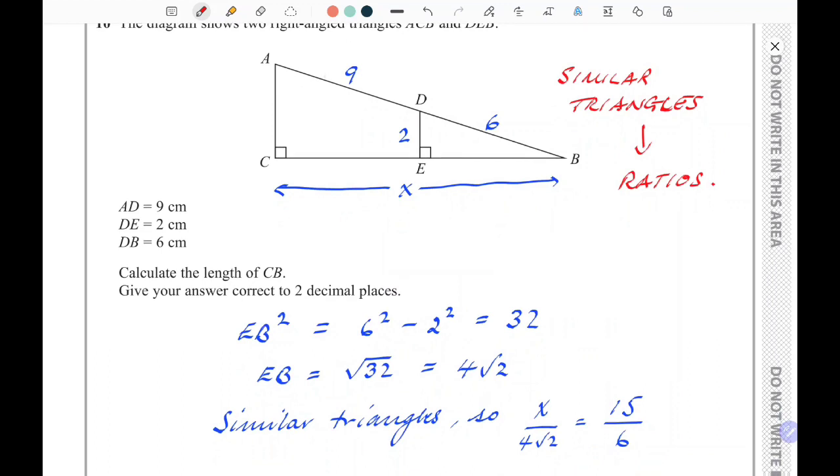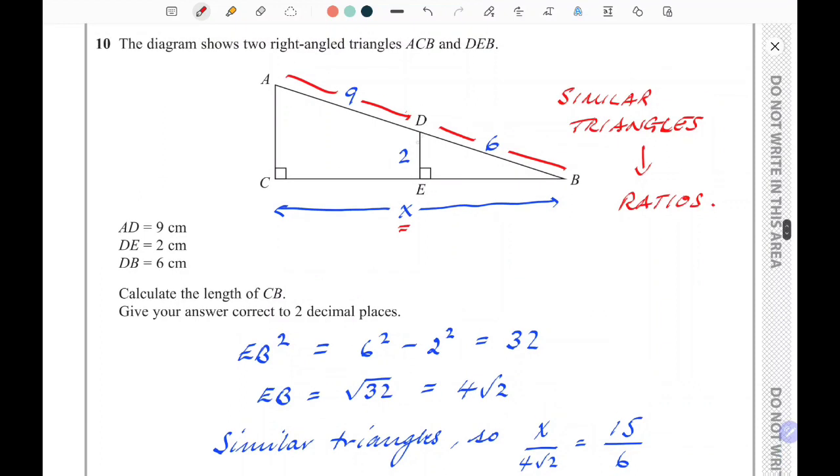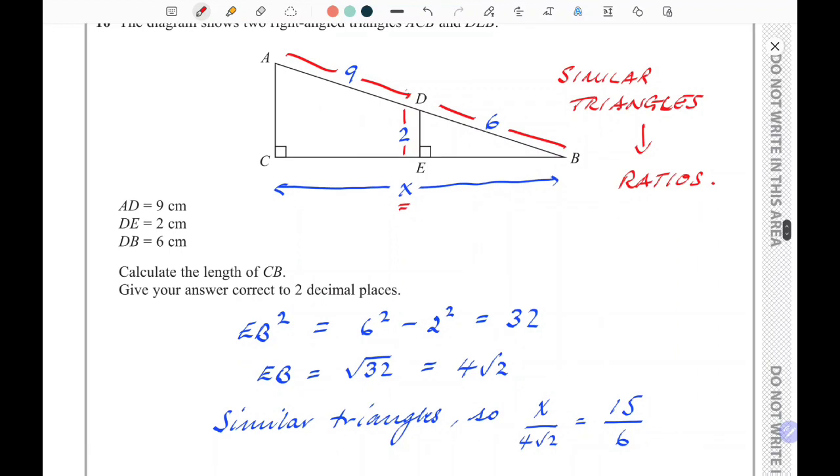A to D is 9, and D to B is 6, and then there's C to B, which we are going to find out. And in the middle, you've got this vertical bit, DE, which is 2. They want what I've labeled as X, the total distance from C to B.